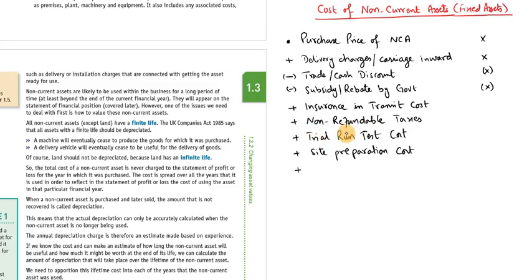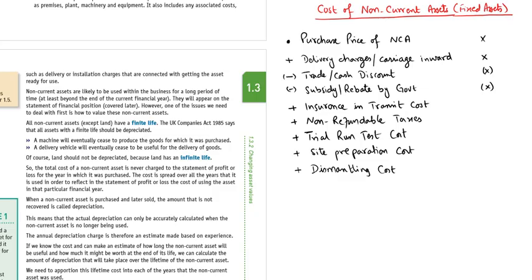Trial run cost we have already included. Dismantling cost means when we discard our asset from the business premises, the cost of dismantling will also be part of the cost of asset.